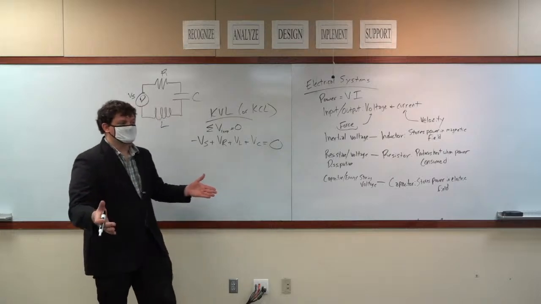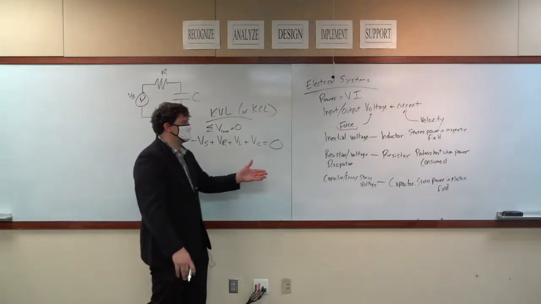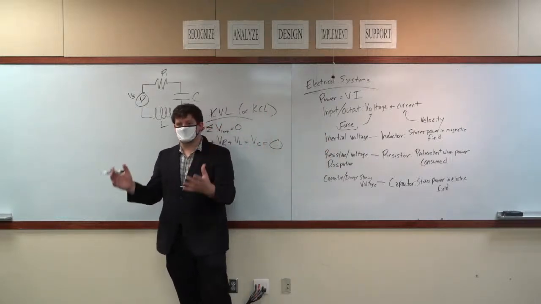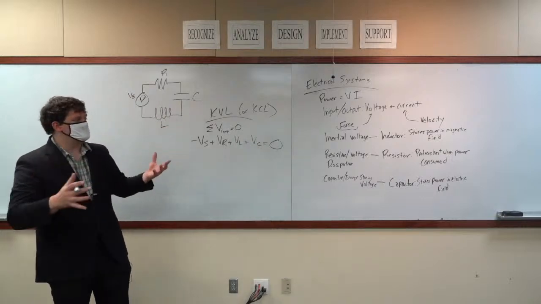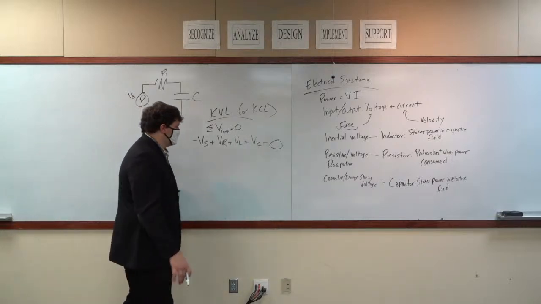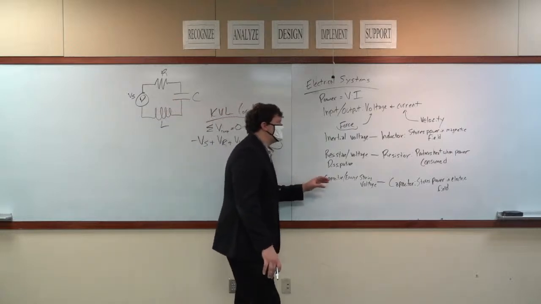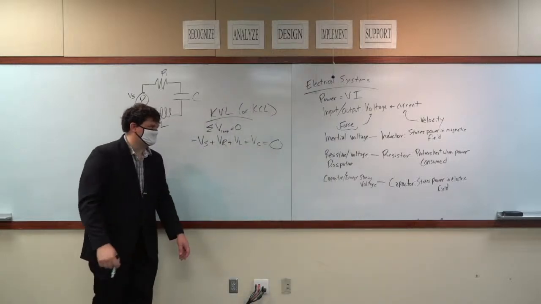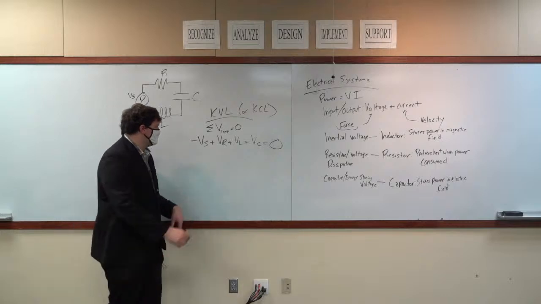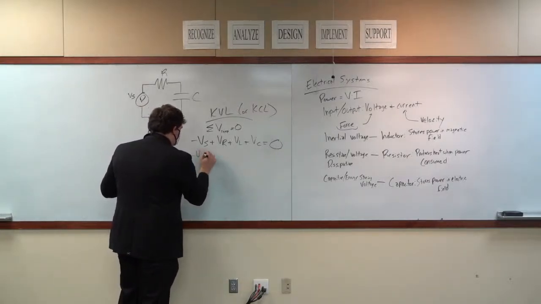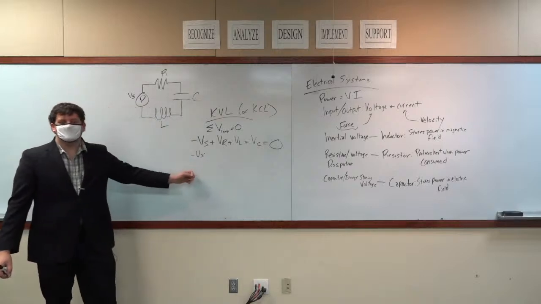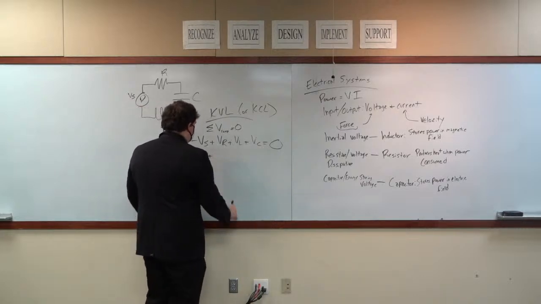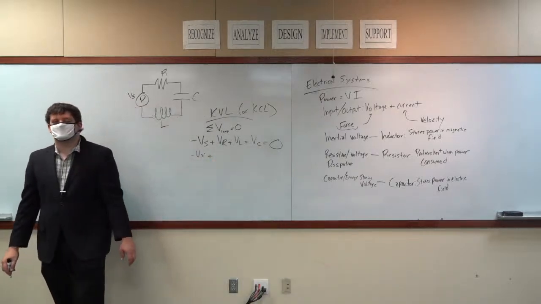Now it was a second order displacement, it was an acceleration, but there was still a relationship that came in the inertial force in the form of force is equal to some formula that has to do with displacement. Okay? So just like that, voltage and current have relationships for each one of these components. Here, Vs is our forcing function. This is our applied force or our applied voltage. What is the relationship between voltage and current for a resistor?